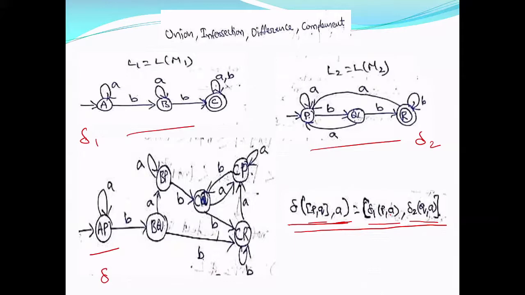Now delta of P comma Q on A for a pair is nothing but taking the state from M1 and applying delta 1 on the input symbol, and then the second one is the same with delta 2.